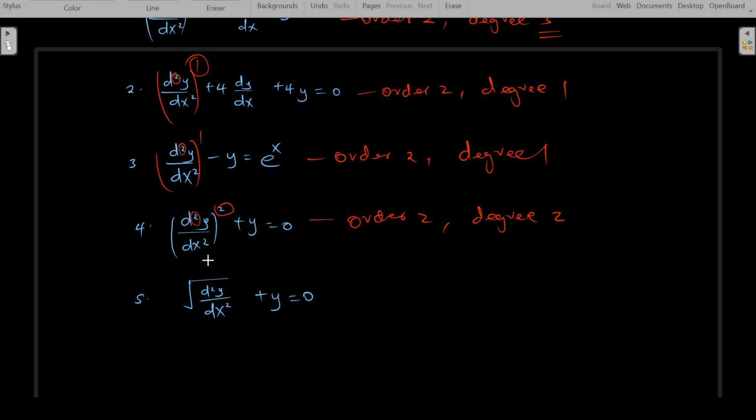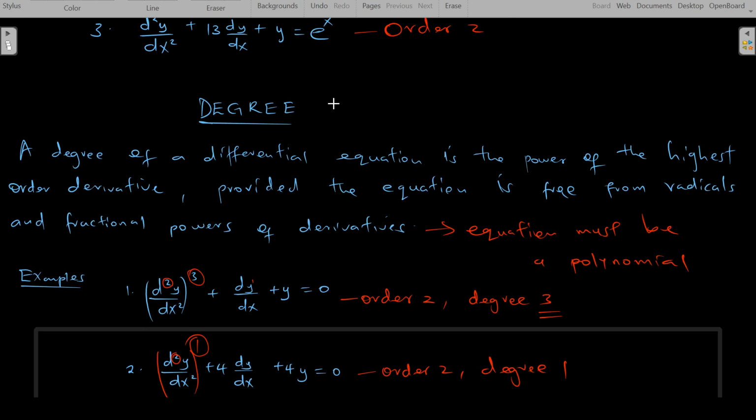I'll give another example where degree is not defined. We said that for a differential equation to have a degree, it must be a polynomial equation, so it shouldn't have any fractional powers or any radicals.